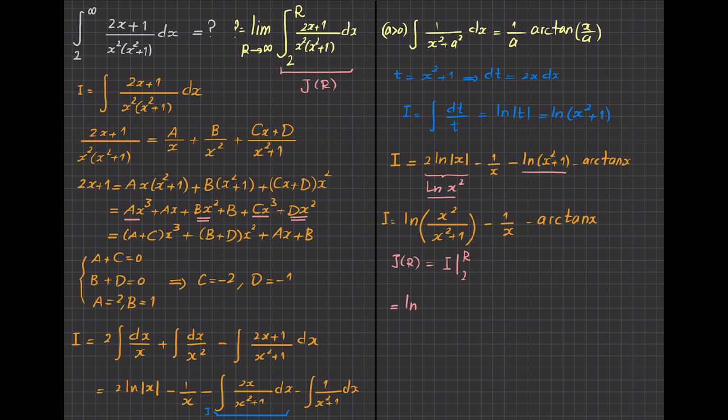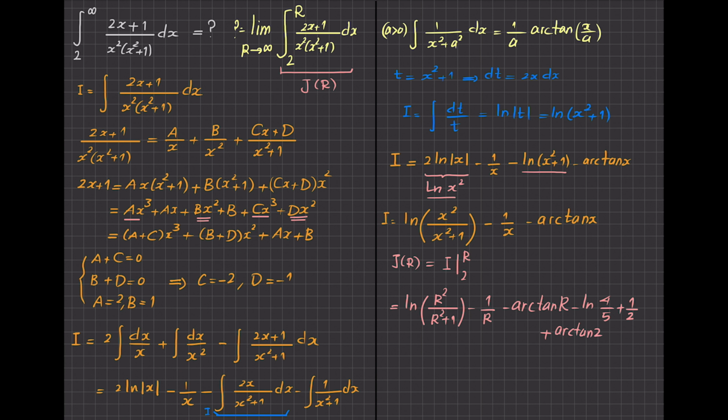This gives me ln of r squared over r squared plus 1, and then minus 1 over r, minus arctangent of r, and then minus, I put 2 instead of x, so this becomes 4 over 5, but remember I have a minus sign, so this becomes minus ln of 4 over 5, plus 1 over 2 plus arctangent of 2.